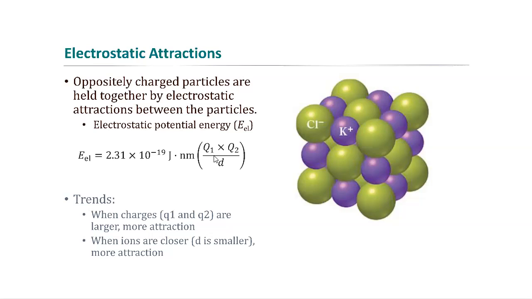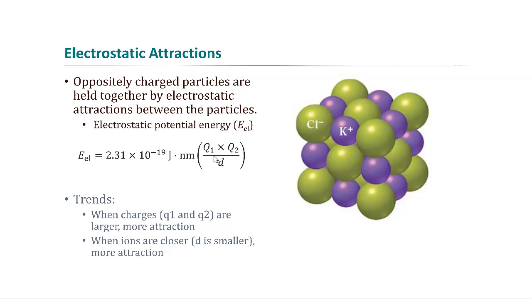Whereas if I have a smaller ion, I'm going to have a lot more attraction because there's going to be a lot less distance between my nucleus and the electrons of the other atom. So this is a direct callback to the end of chapter 3.